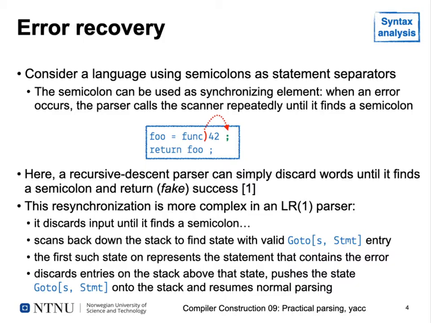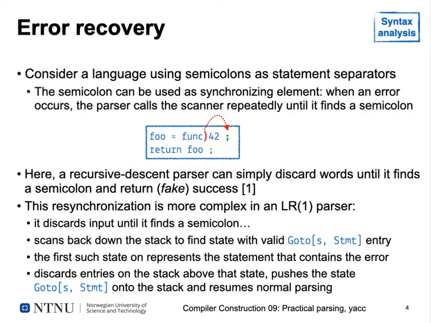So when an error occurs, the parser then calls the scanner. Like here, we have a call to a function func, and then our bracket is the wrong bracket. It's a closing instead of the opening one. So then our parser can call scan until it finds the terminating semicolon, and then it can continue parsing the rest of our code from there.